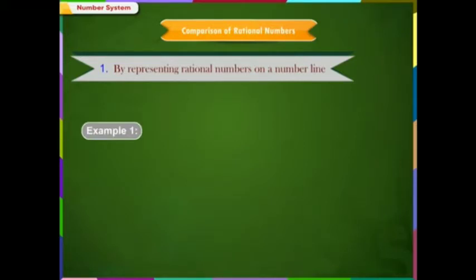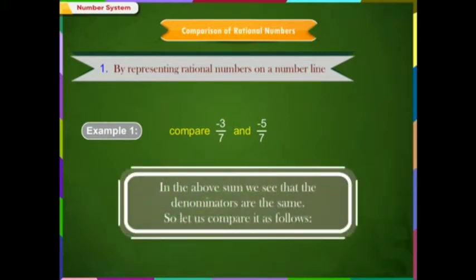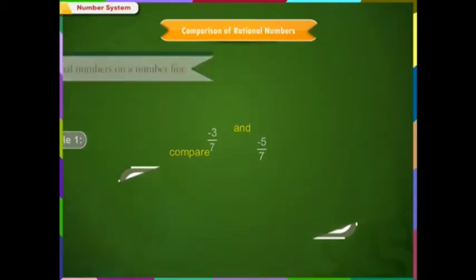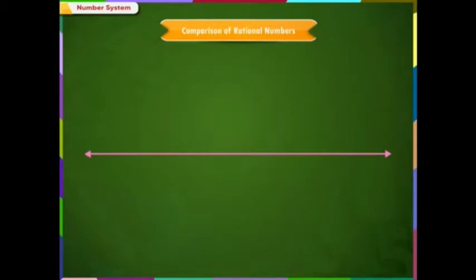Example 1. Compare -3 by 7 and -5 by 7. In the above sum, we see that the denominators are the same. So, let us compare it as follows. Draw a number line.